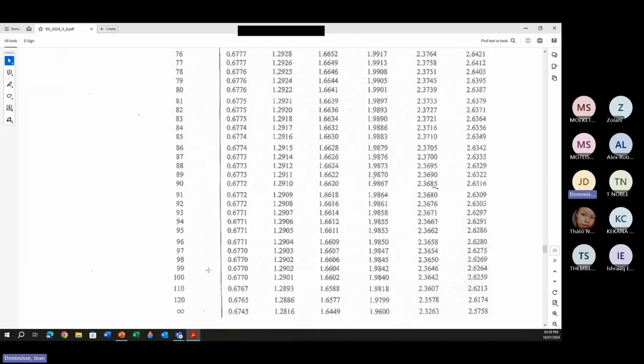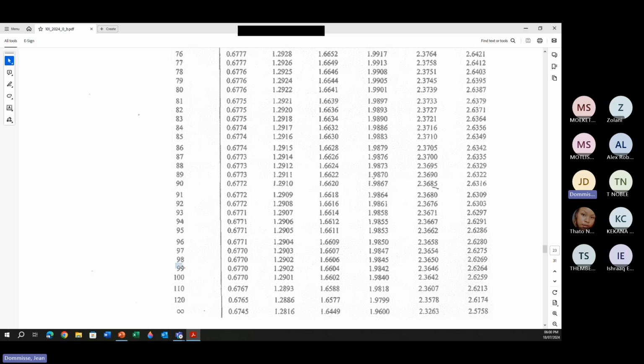And you'll see as the sample becomes bigger, it gets very close to that number we got from the Z table. If it was a massive sample, it will really become like a normal distribution.